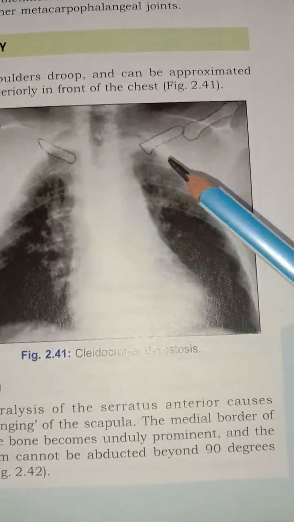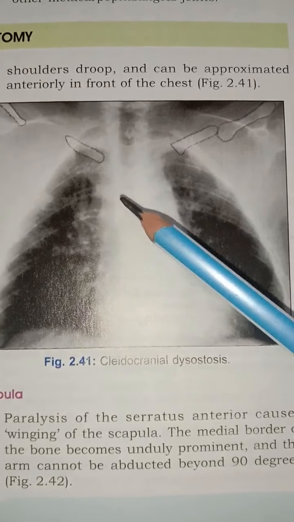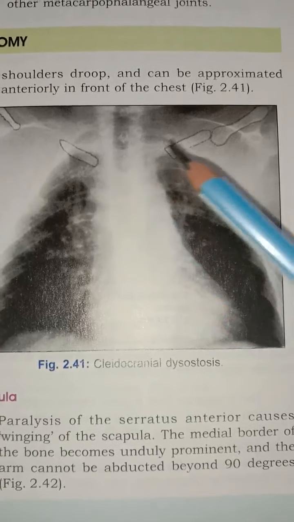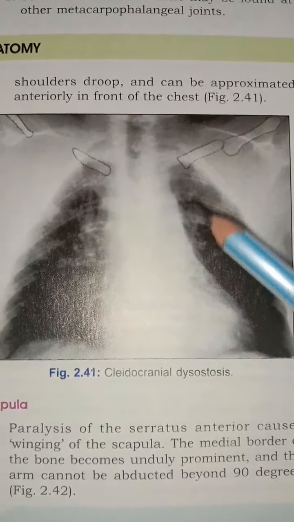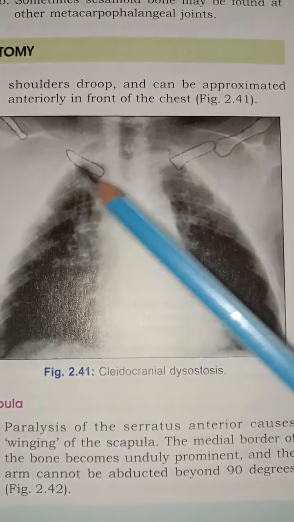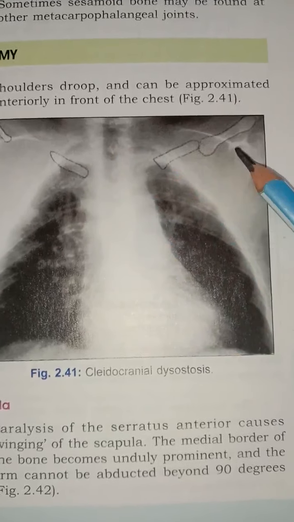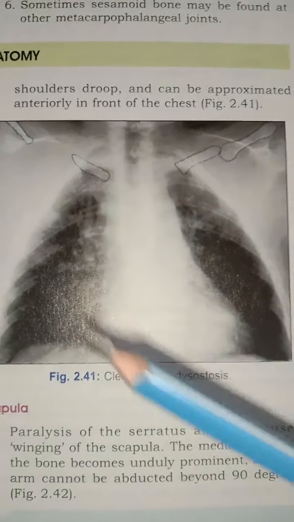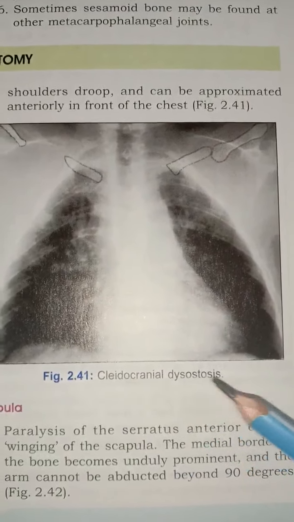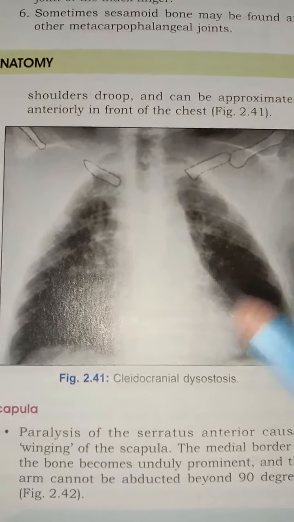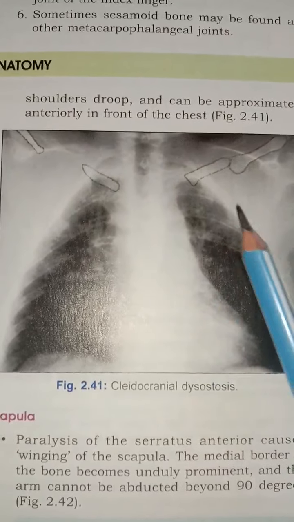In this condition the shoulders droop and can be approximated anteriorly in front of the chest. Here you can see the clavicle is not fully developed, called cleidocranial dysostosis. So these are the clinical points related to the clavicle.